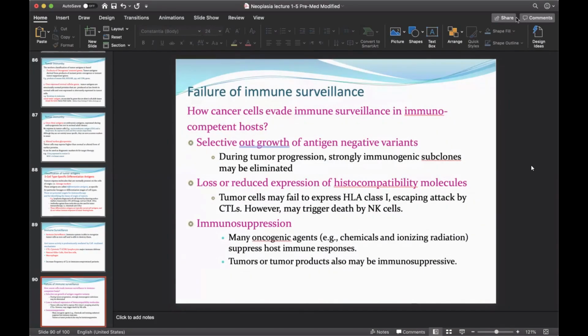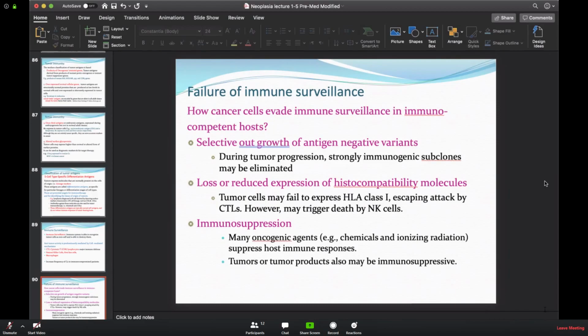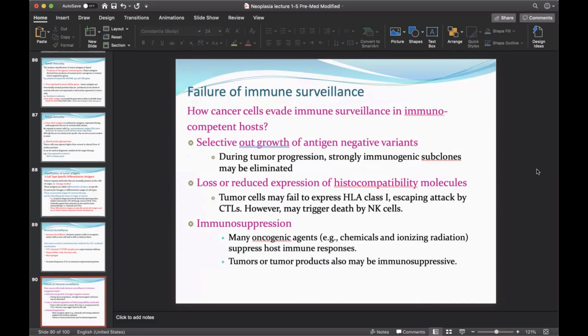So do you know what is tumor heterogeneity? Okay, so there is something called tumor progression and tumor heterogeneity.